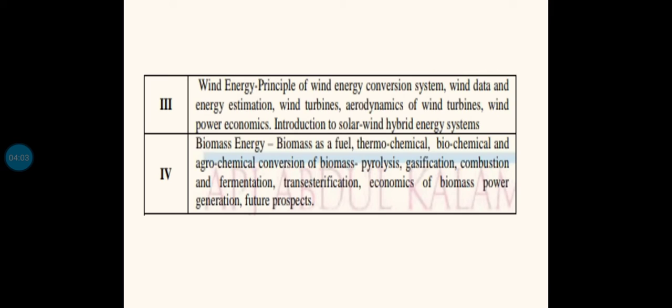These are the different methods commonly used to produce energy from biomass. Then comes economics of biomass power generation, and finally we will discuss future prospects. This is all about the third and fourth modules.